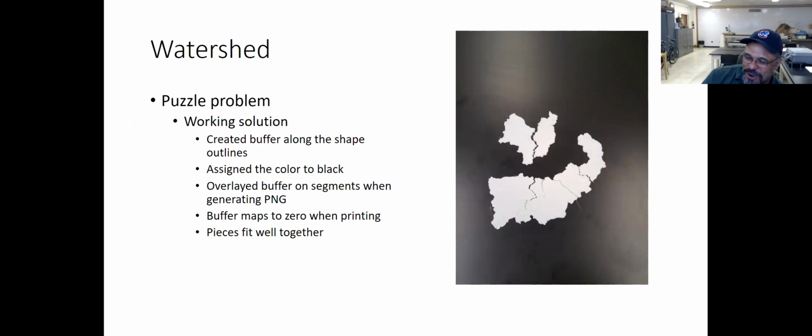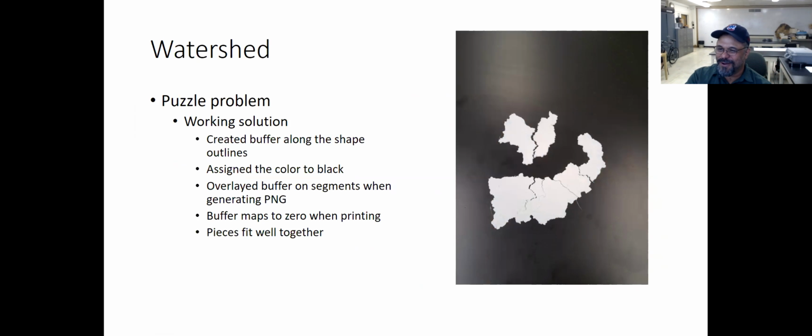So when you go to print out the segments, you overlay the buffer zone on the segments, and it takes that little bit of edge, and the edges will match now because the buffer zone is on both sides of the border. So when you print it out to a PNG, that maps to 0.